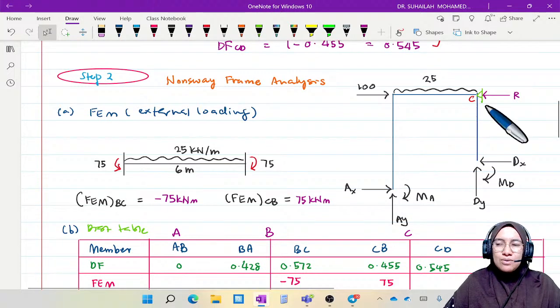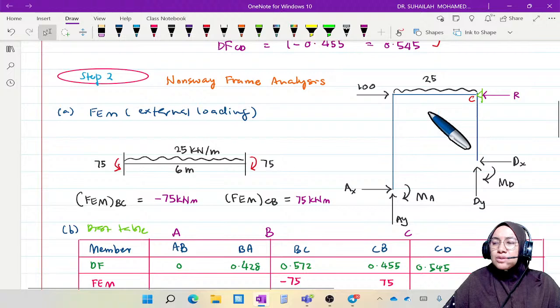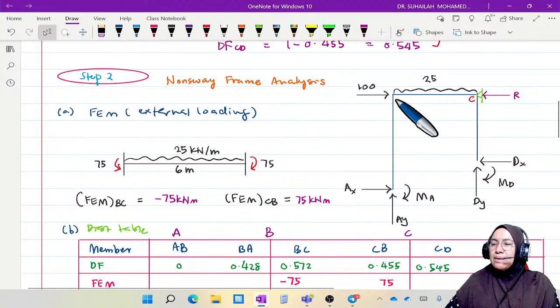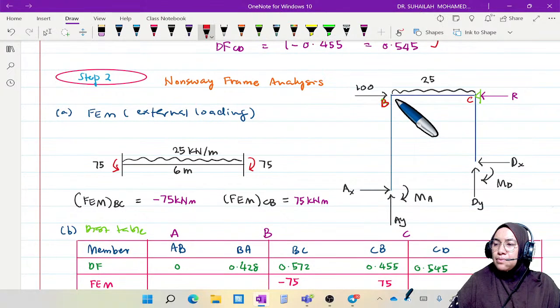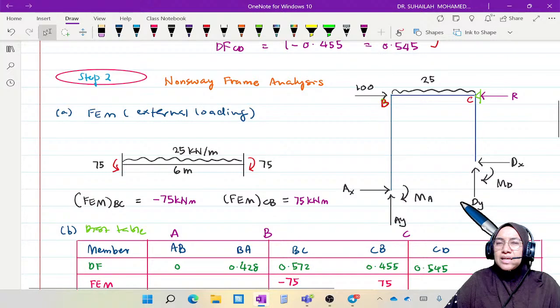BC is subjected to W. And CD is also 0. The reaction at support A and the reaction at support D is actually the free body diagram for this frame.